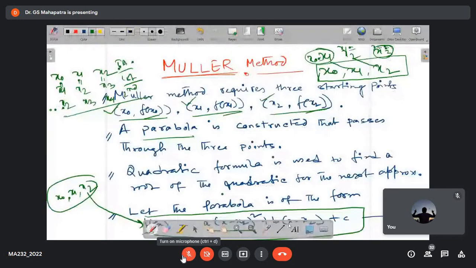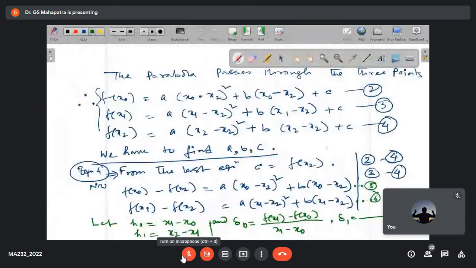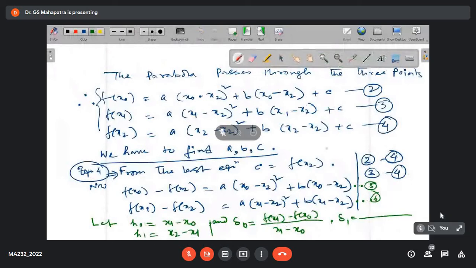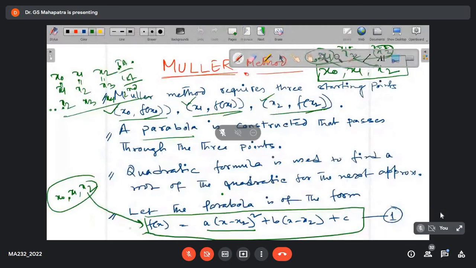Next is the mathematical form: how to find the mathematical form of the Muller method. In the previous slides, we have considered the parabola f of x equals a into (x minus x2) square plus b into (x minus x2) plus c.